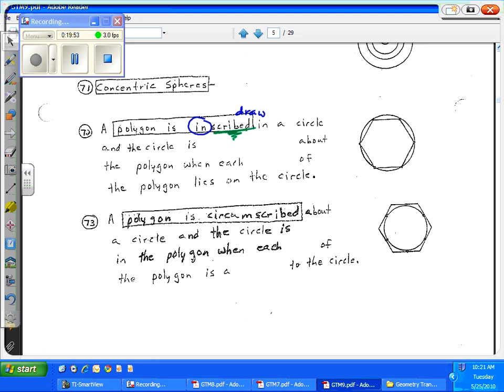And in means to draw in. So a polygon is inscribed in a circle if it's drawn inside the circle. A polygon is inscribed in a circle, and the circle is circumscribed. That means it's drawn around. Circum is circle, scribe is draw, circumscribed is draw around. So a polygon is inscribed in a circle, and the circle is circumscribed.